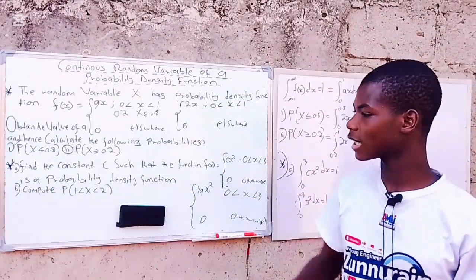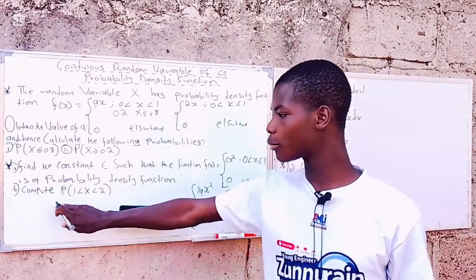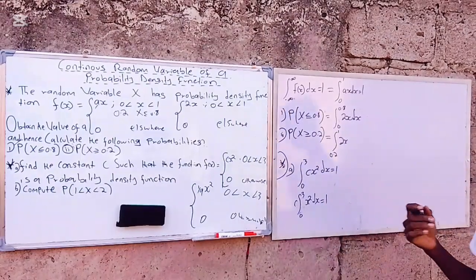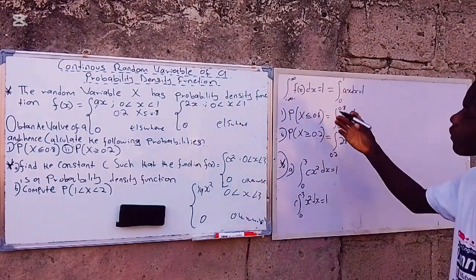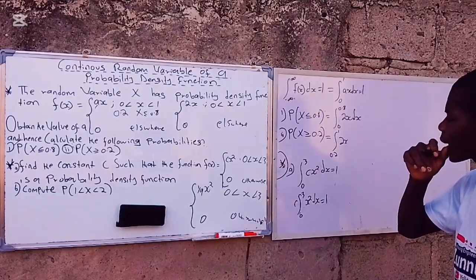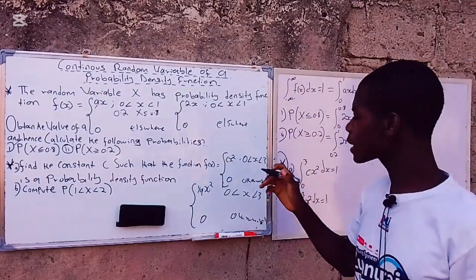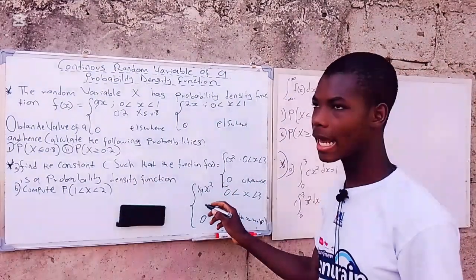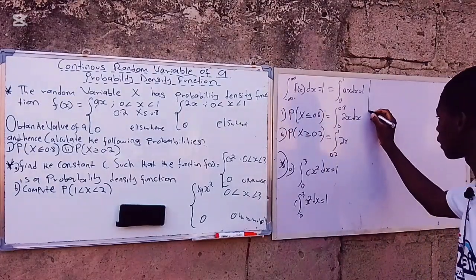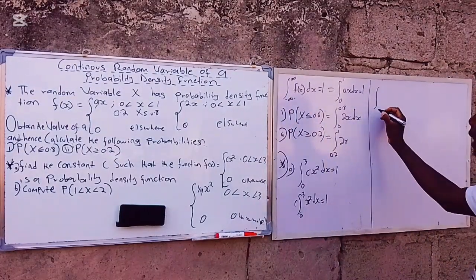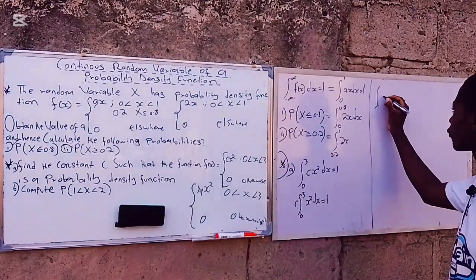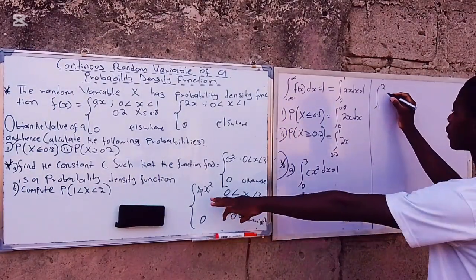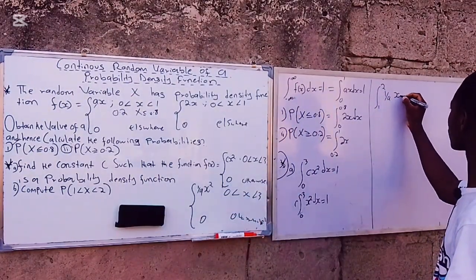So now I'm to compute the probability of 1 less than x less than 2. Because I already found 1 over 9 x squared, I have to take the integral, but I'm given the limit 1 to 2. So therefore 1 to 2, I'll put 1 over 9 x squared.